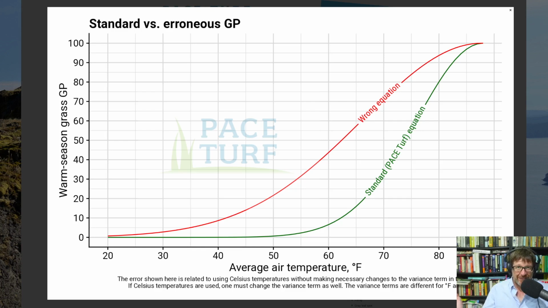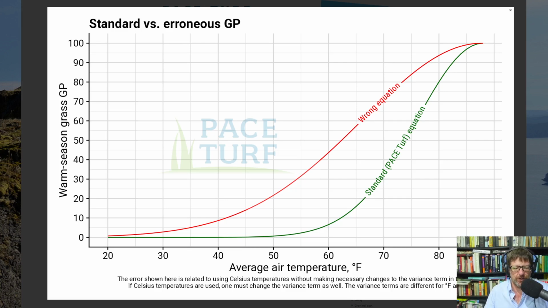So what happens is if you use the Fahrenheit numbers, which are 10 and 12 for the variance, instead of 7 and 5.5, if you use those larger numbers for the Fahrenheit scale with the Celsius input, you will end up with curves that don't have the proper shape.